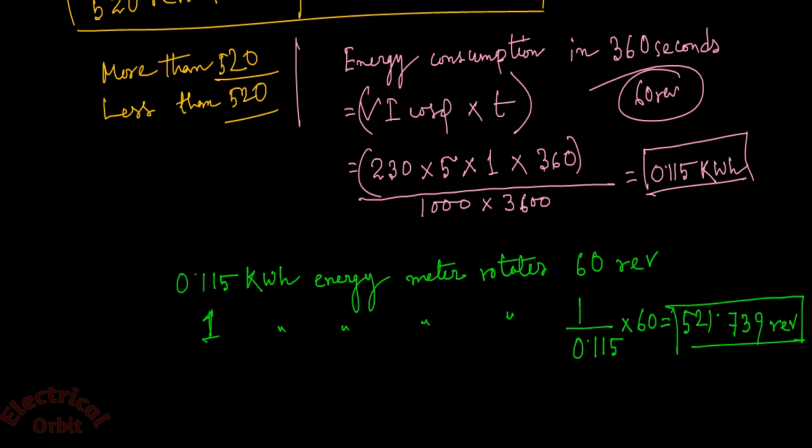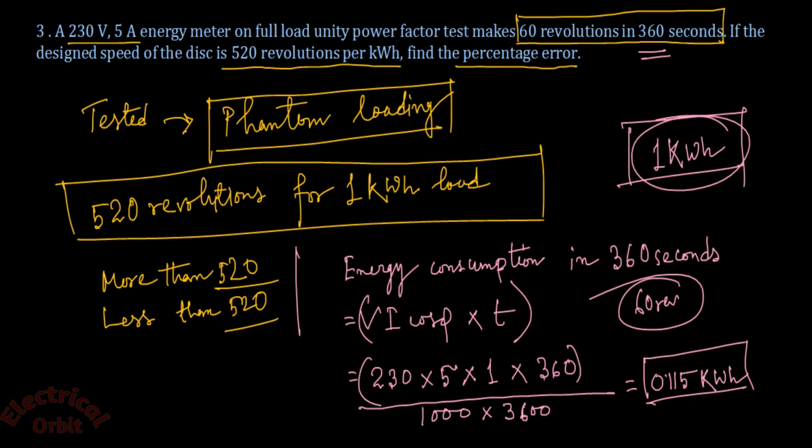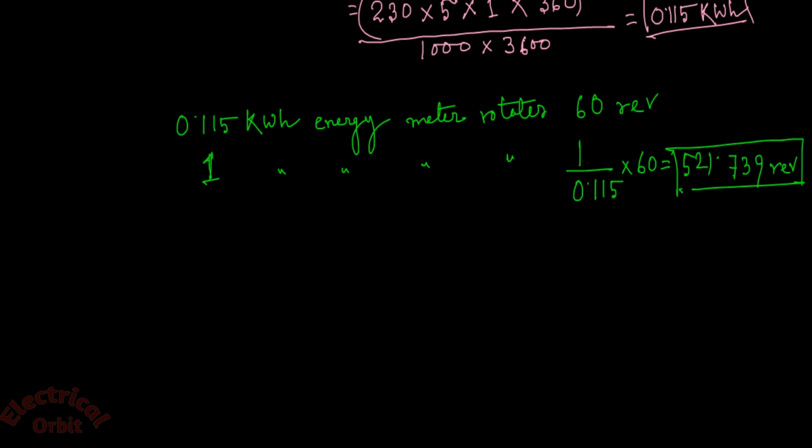But according to the question, what is the manufacturer design? It is 520 revolutions per kilowatt hour, but the meter is rotating 521.739 revolutions for measuring 1 kilowatt hour energy. So the meter is running faster.